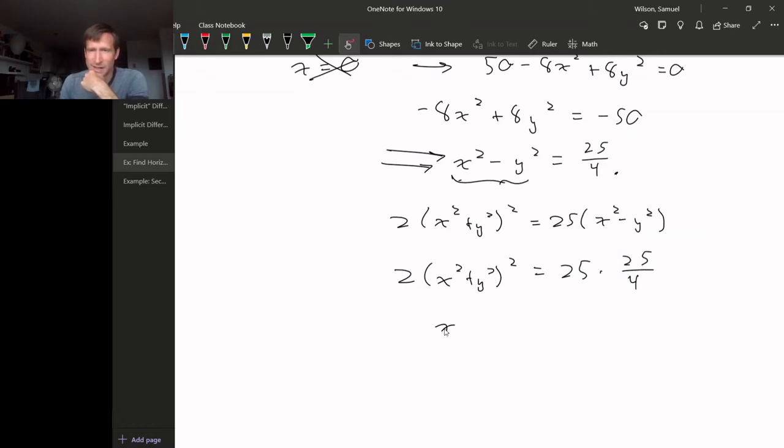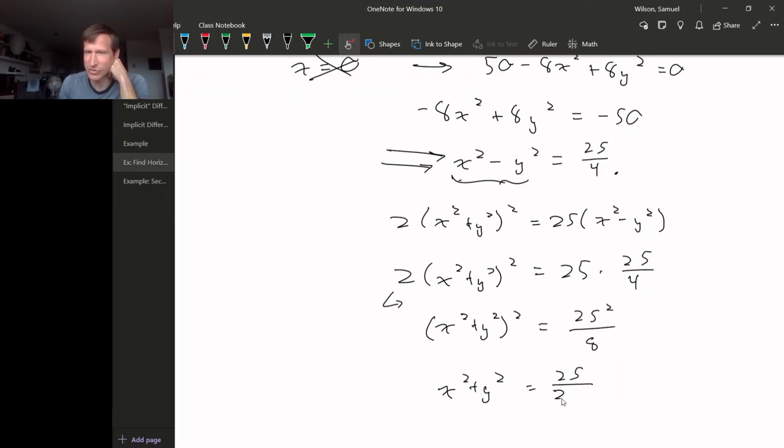So we get x squared plus y squared squared is 25 squared over 8. I moved this 2 to the other side. All right, now when we take square roots, we get x squared plus y squared equals 25 over 2 root 2. Square root of 8 is 2 root 2.